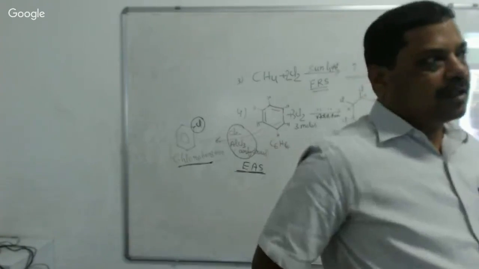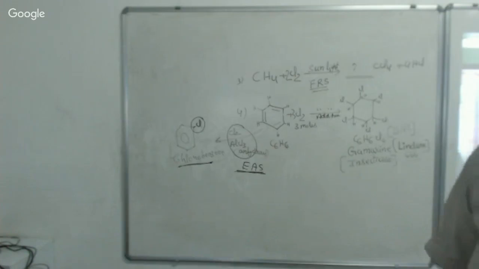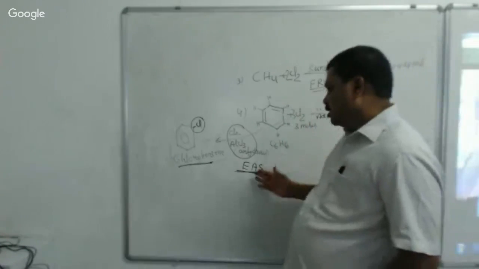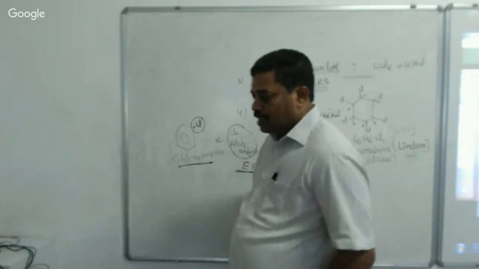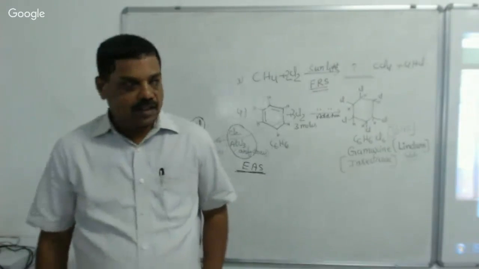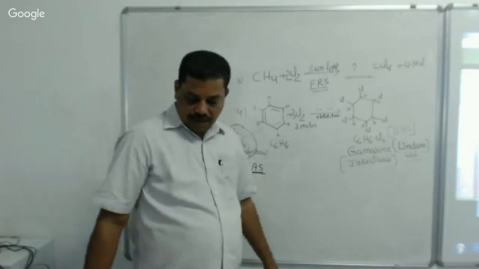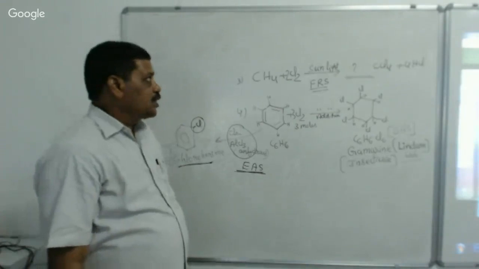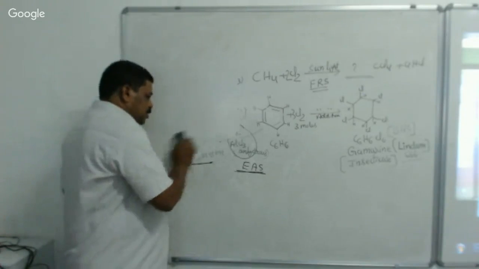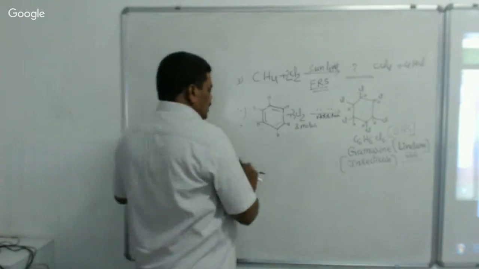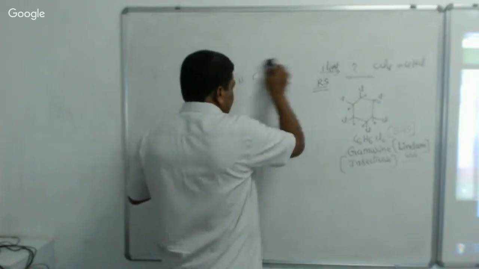Benzene always undergoes EAS type of reactions. Rarely it undergoes addition reactions. Why does benzene prefer to undergo substitution rather than addition?